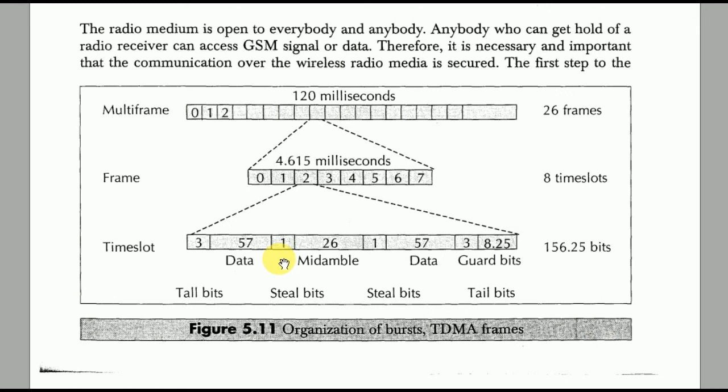The next 26 bits are called the midamble. It consists of a 26 bit training sequence. It helps the adaptive equalizer in the mobile or base station receiver to analyze radio channel characteristics before decoding.